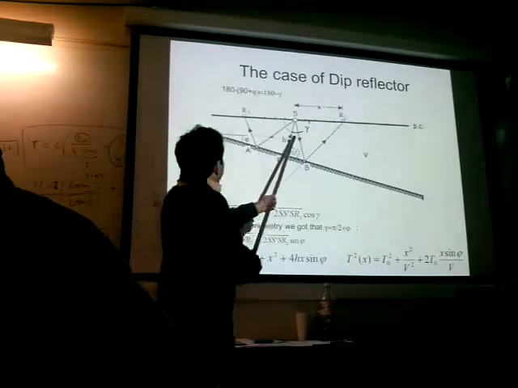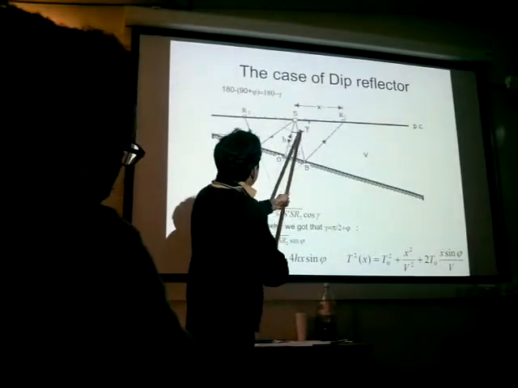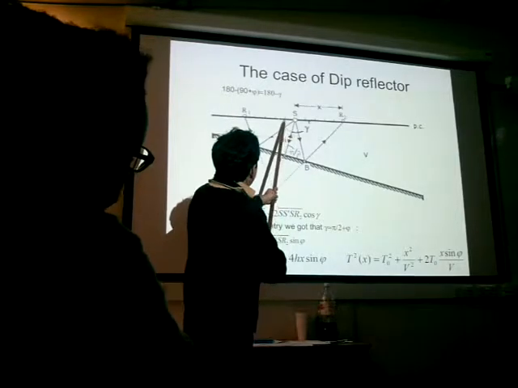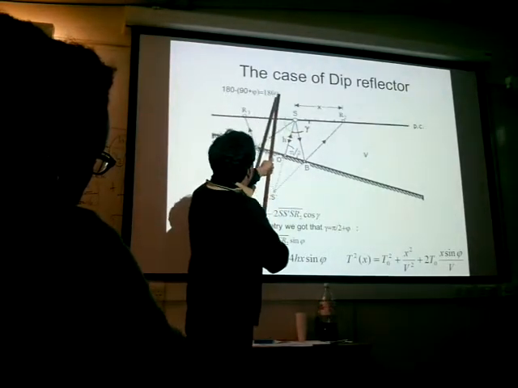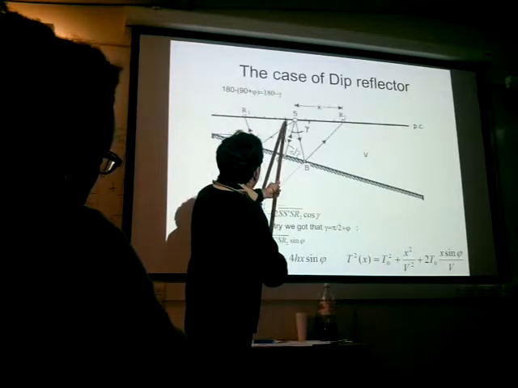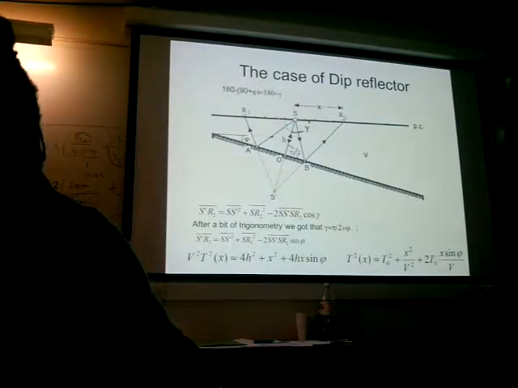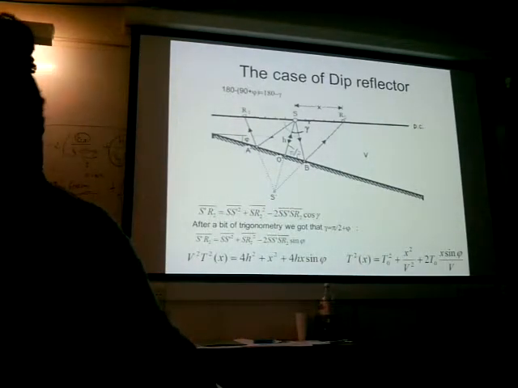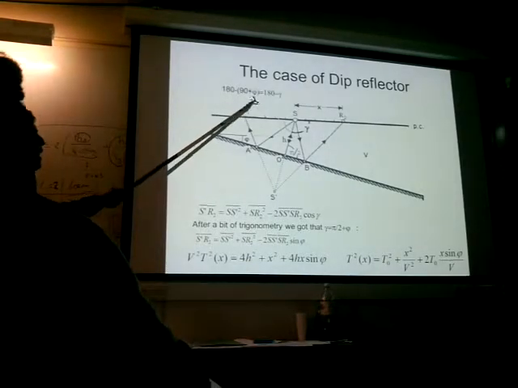We know that my gamma here, 180 degrees minus my gamma, is what remains of this little piece. Okay, so 180 minus gamma is nothing but that piece. Now, I need to express that piece in a clever way in order to convince you that it's possible to express that angle gamma as a function of my angle phi.